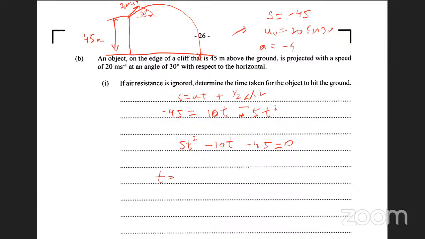Oh, you get two positive values, 4.16 and 2.16? Both of them positive? So it's 4.16 seconds. Okay. So one positive, one negative, right? Okay, good.